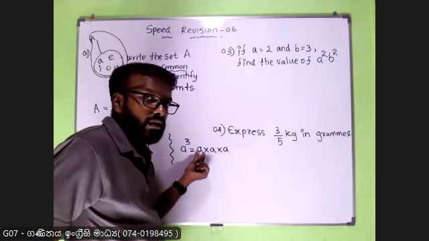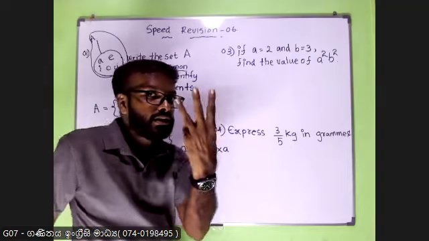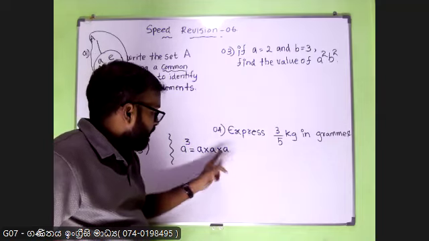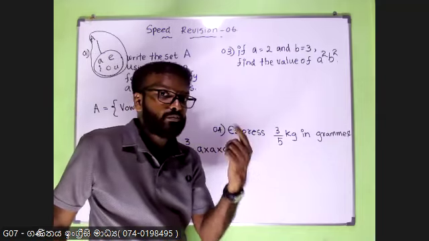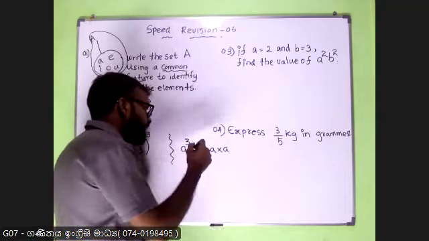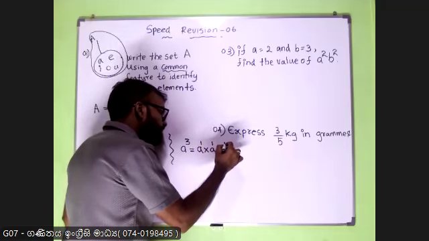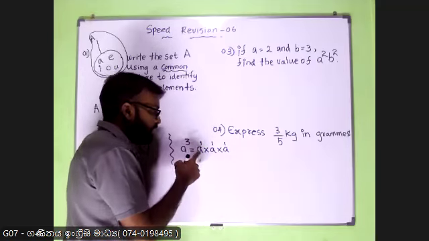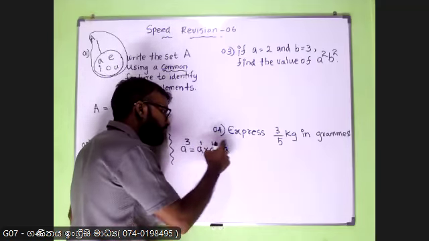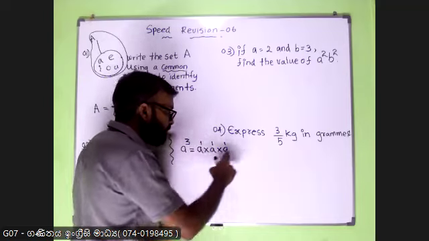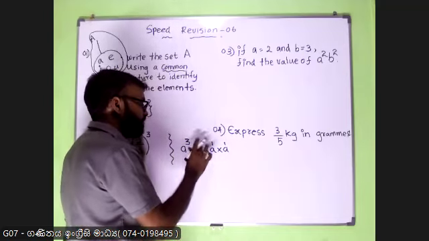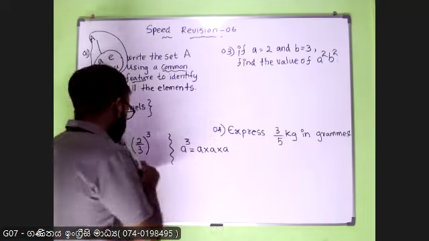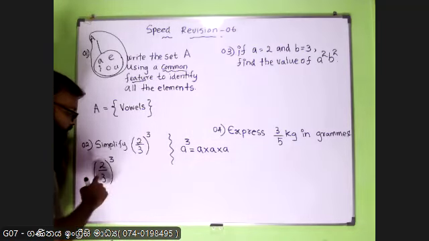You should multiply a repeatedly 3 times. There are 3 a's, and since the base is the same, you can add the indices: a to the power 1, a to the power 1, a to the power 1. The power is hidden. 1 plus 1 plus 1 is 3. This is how we are going to expand it, and this is the same thing.